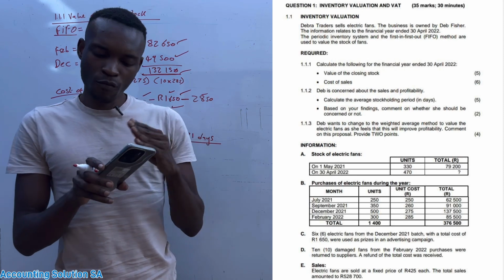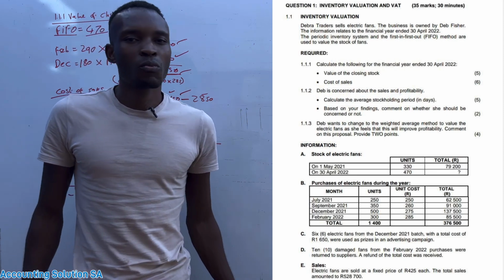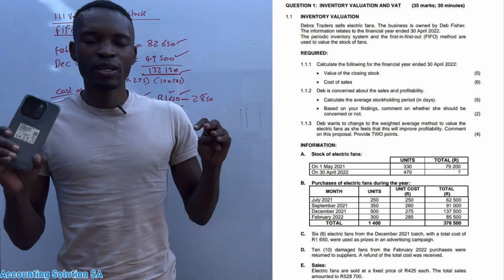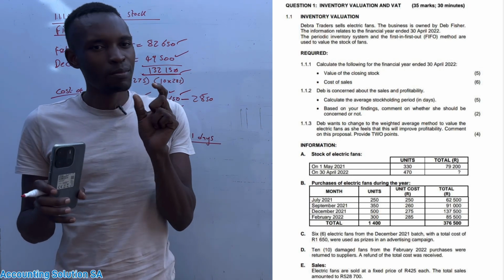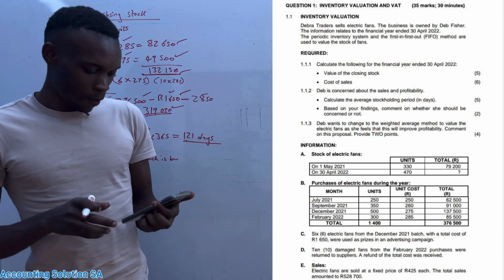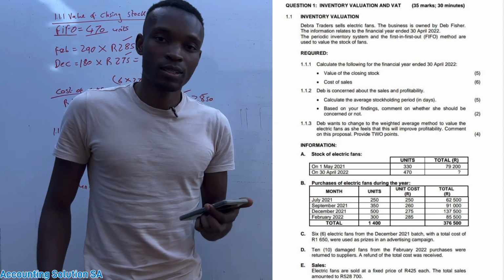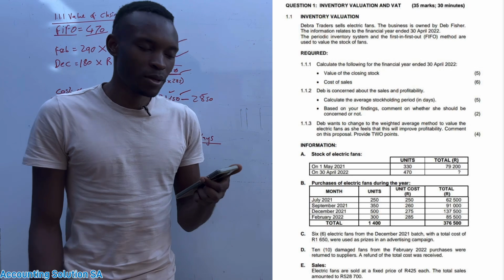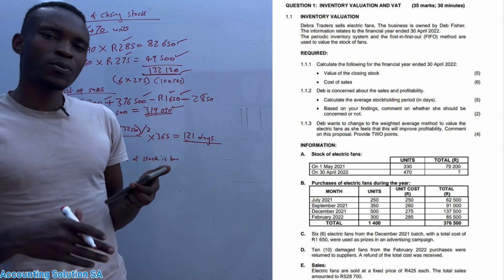If we use average, we're just going to get an assumption. Average can only be used for smaller items like sweets. You can't count 10,000 sweets, guys, one by one. It's too much. But because these are electric fans, we can count them, which means that we need to use the FIFO method. So I hope you learned something, guys.